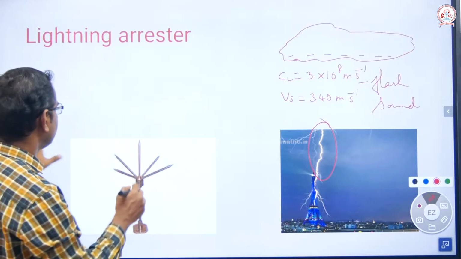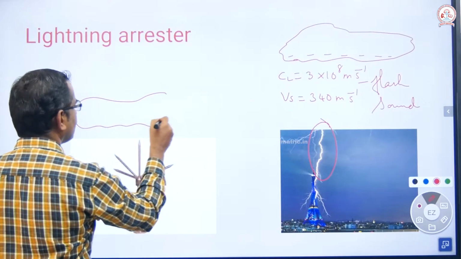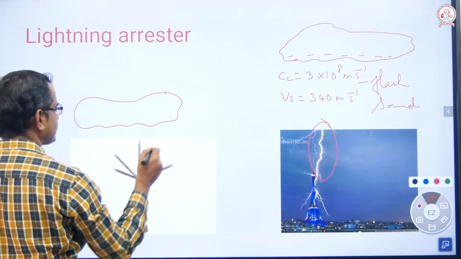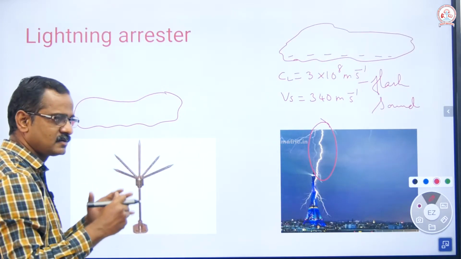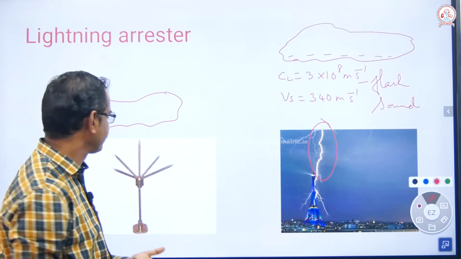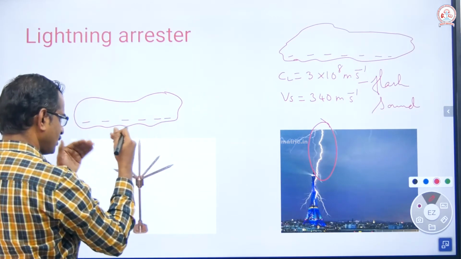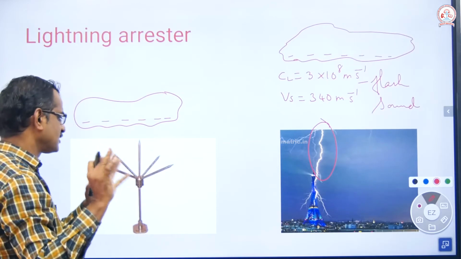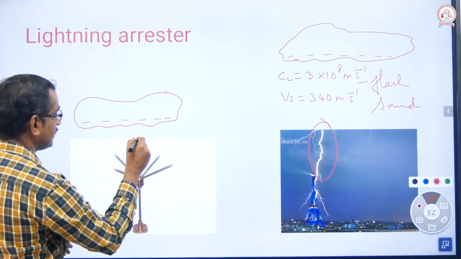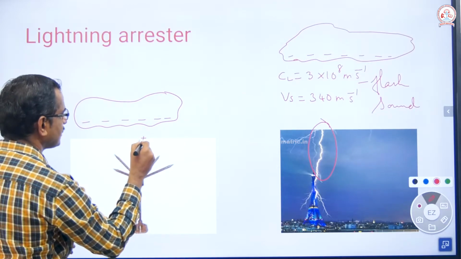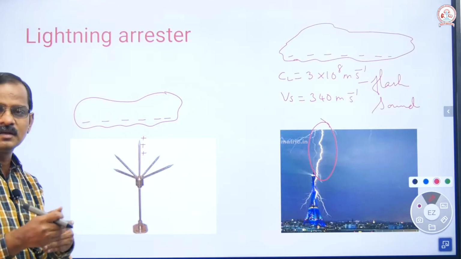Now when a cloud is coming very close like this, the atmosphere, and like this we fix the lightning arrestor on the top of buildings. Imagine there is a negatively charged cloud, and at the bottom of the cloud negative charges are there. What will happen? These negative charges induce positive charges in the sharp edges of the lightning arrestor.